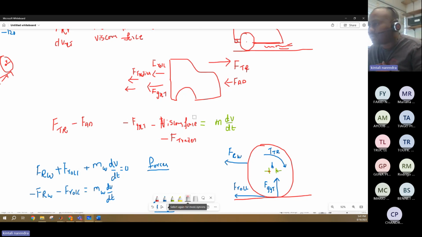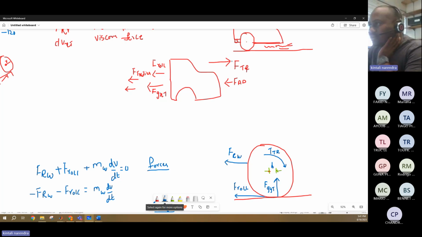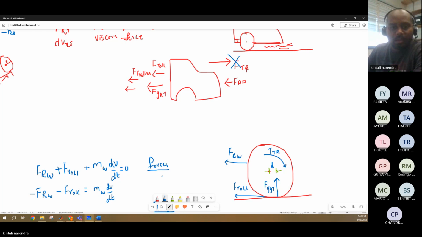Now there is no tractive force because nobody is pushing. But there is a reactive force, because you are bringing two bodies together. So there is reactive force FRW. I considered FRW in the left hand side direction, so for the chassis, I need to consider it in the right hand side direction, an equivalent and opposite reactive force.